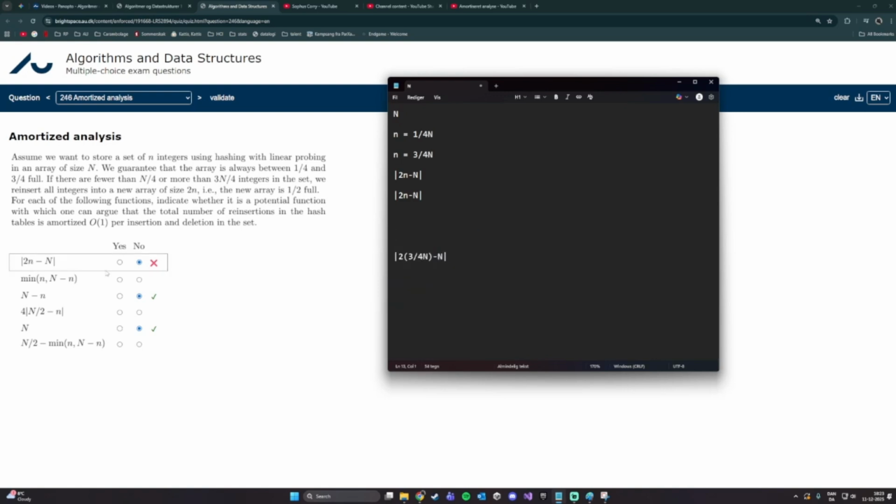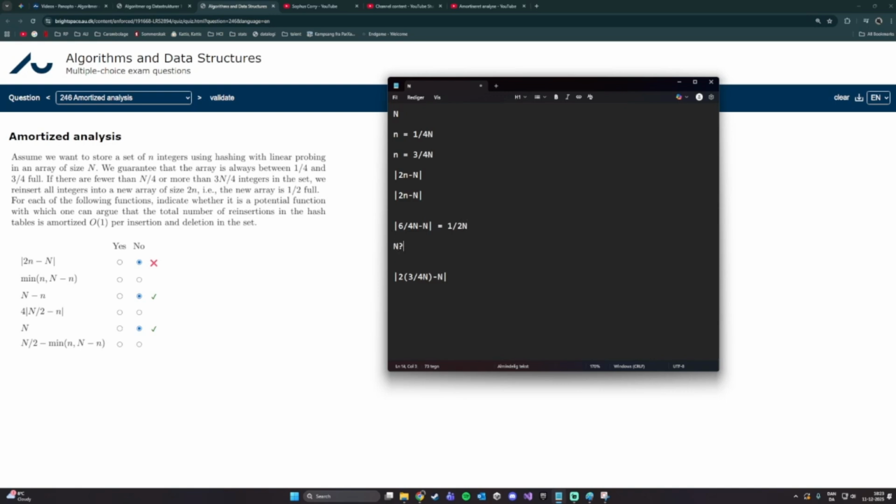Yeah. And now, let's do the expensive one as well, just in case. So this is 6/4 n minus n, so that means we have a half of n saved up.